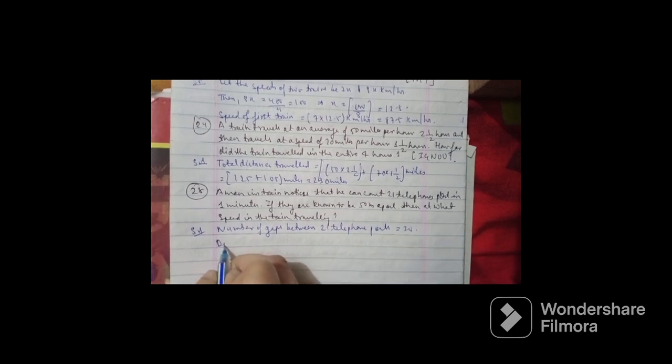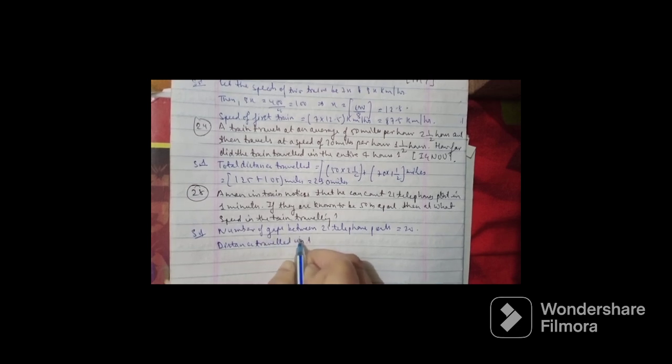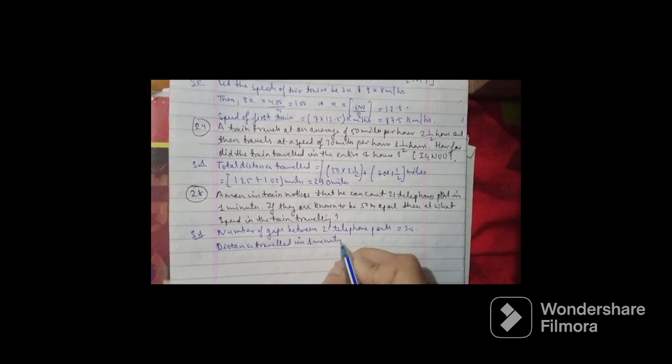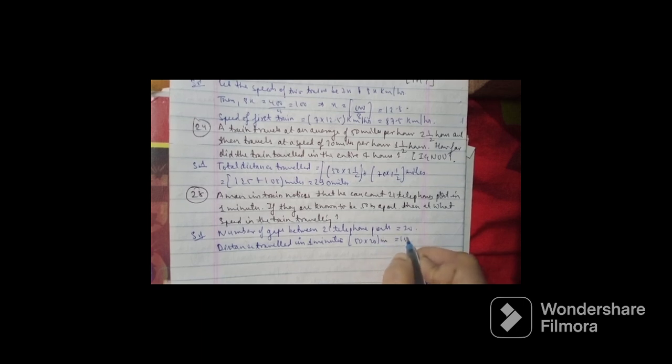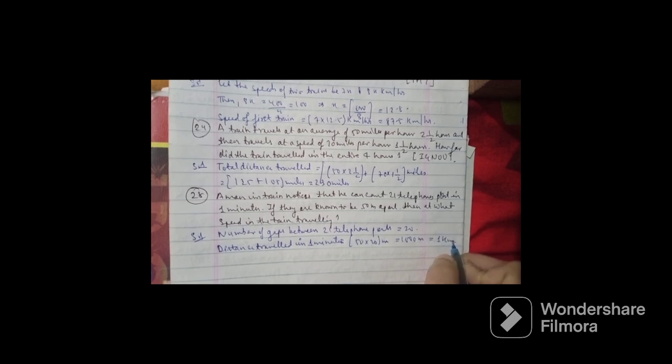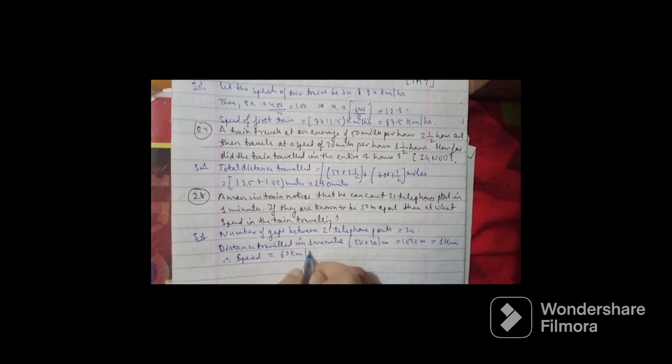Distance traveled in 1 minute equals 50 into 20, equals 1000 meters in 1 minute, equals 1 kilometer. So speed equals 60 kilometer per hour.